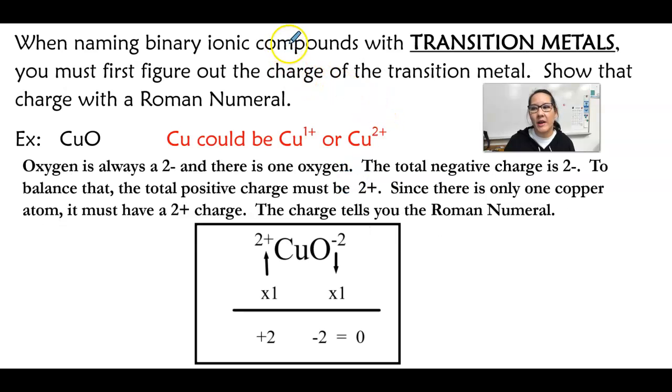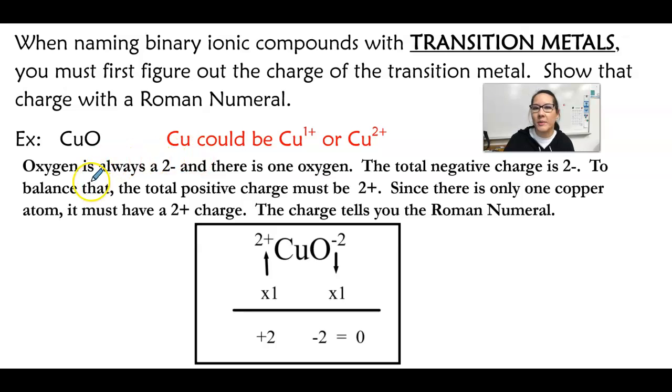When naming binary ionic compounds with transition metals, you have to figure out the charge of the transition metal and then show that with a Roman numeral. For example, CuO, it's not just copper oxide. Since this is a transition metal, it's going to have a Roman numeral to indicate what its charge is, because it could be Cu+1 or Cu+2.